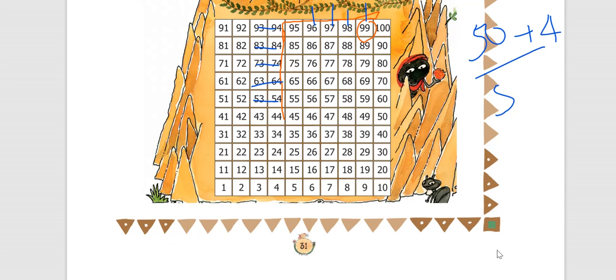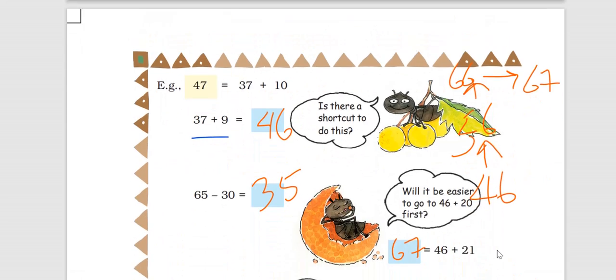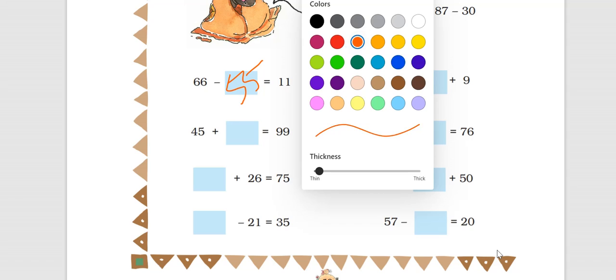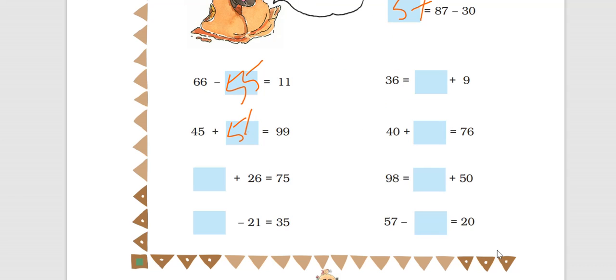So, we have 54. So, to move from 45 to 99, you need 5 tens and 4 ones, which is 54. 45 plus 54 is 99.